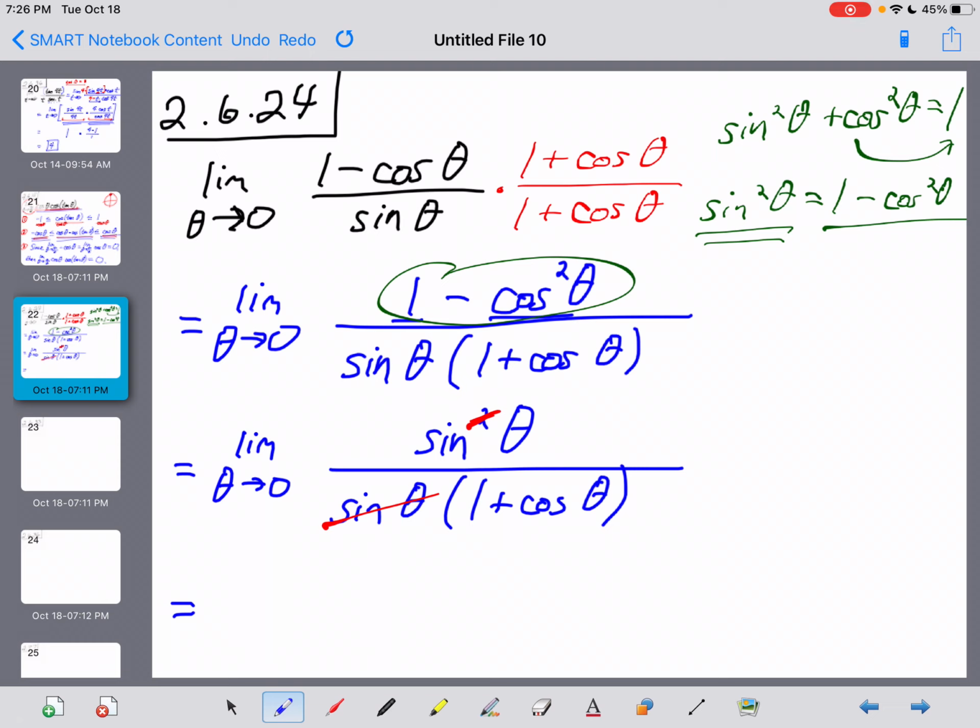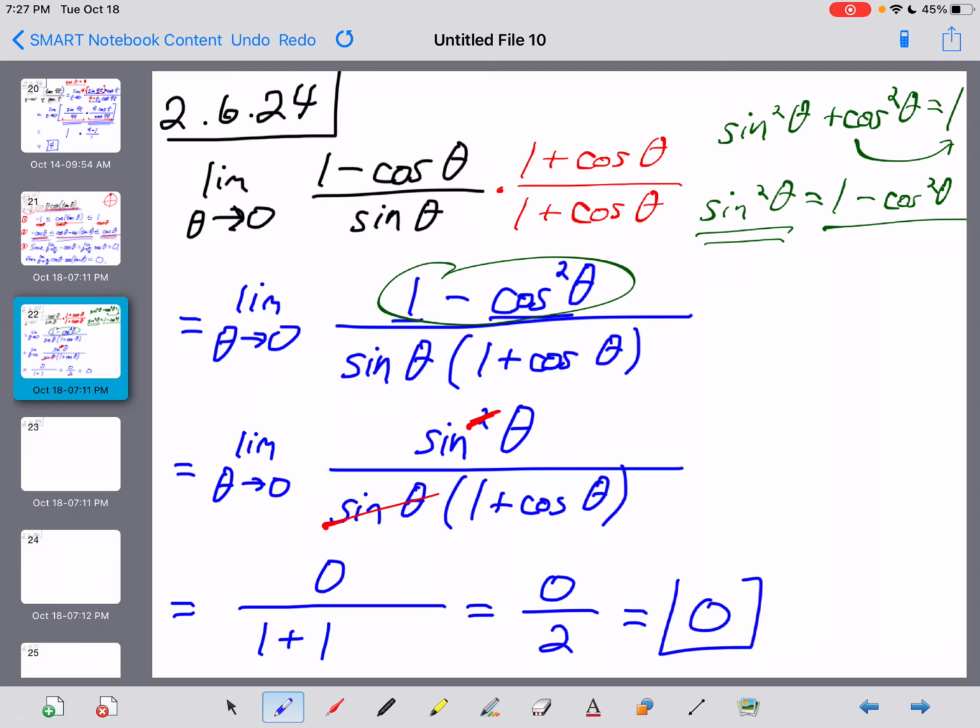And I believe we now should be able to evaluate this. So I'm not putting the limit now because I'm actually going to let theta become 0. Up in the numerator, sine of 0 is 0. And down in the denominator, that's a 1 plus, and the cosine of 0 is 1, which of course is 0 over 2, and that gets us our final answer of 0.